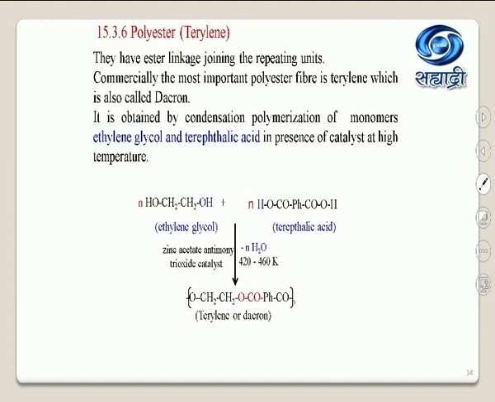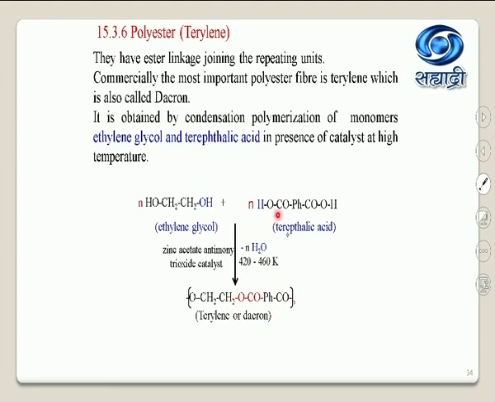So how is this water molecule eliminated? That is OH group from ethylene glycol and hydrogen atom from terephthalic acid is eliminated. So on condensation and elimination of water molecule, it gives terylene or Dacron polymer, which contains this ester linkage, and therefore it is known as polyester polymer.